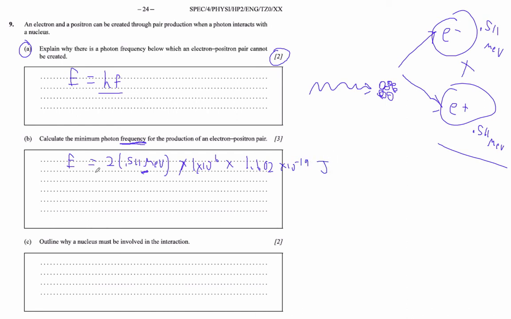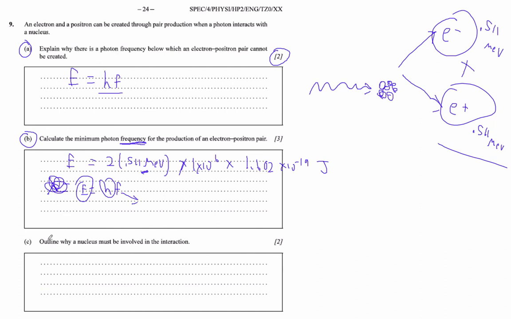And then just use E equals hf. You now know the energy in joules, so use Planck's constant and solve for the frequency. I think you got it. I think I did, I just found the wavelength.